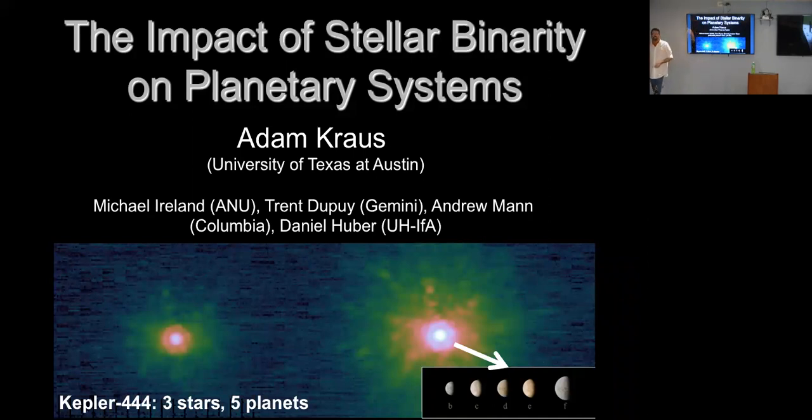We're trying to get hints as to how the planet formation process works, and also just thinking more directly, where do we expect to find planets? Where do we expect to not find planets?